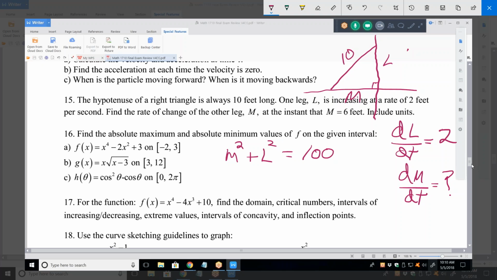First, you explicitly differentiate m squared, and then you follow it with a dm/dt. And you do that with everything. First, I explicitly differentiate L squared, and I follow it with a dL/dt. And now I differentiate the right side, and that's 0.